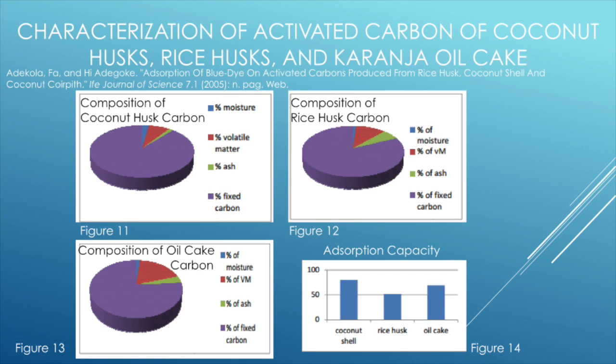He found that the lower the percentage ash in the activated carbon, the higher the absorption capacity. Coconut husk carbon was the best filter, with oil cake coming to a close second. Rice husk was well below the absorption capacity of the other two. Also, the higher carbon concentration led to a higher percentage of filtered contaminants.